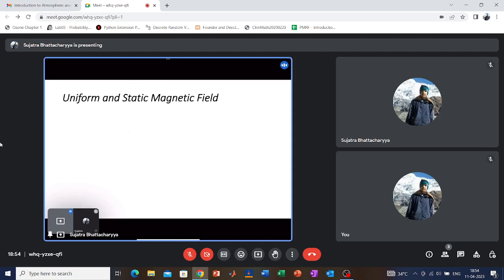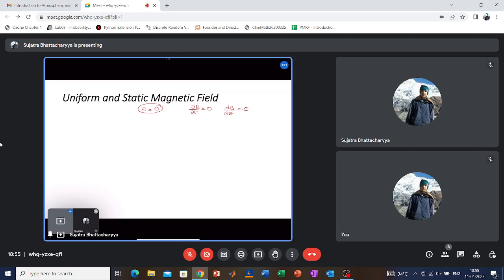Now, as we have seen in the earlier case, for a uniform and static electric field we considered B to be completely 0. So here also we will consider E to be 0. The electric field is 0, only the magnetic field is there, but since it is a static magnetic field, ∂B/∂t should be equal to 0, and dB/dz is also equal to 0.